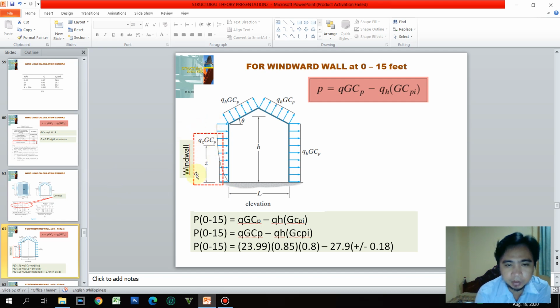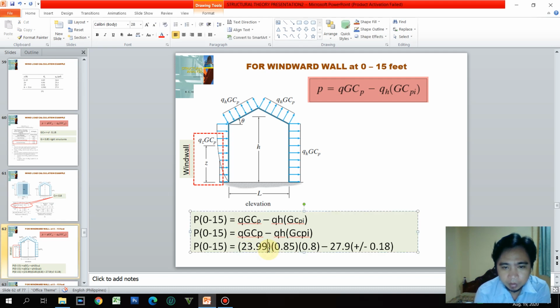Okay, so let us compute the value here. So first we have 0 to 15. We have already derived the Q under 23.99 a while ago.